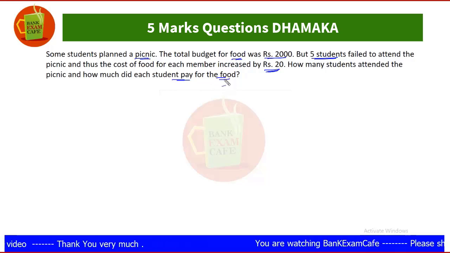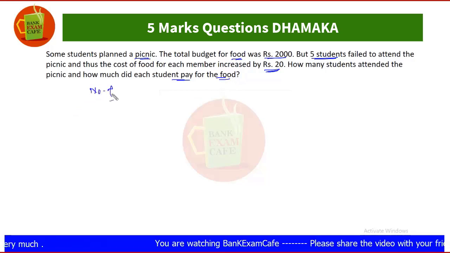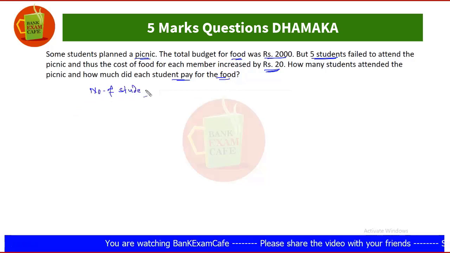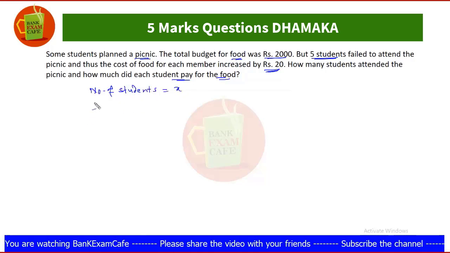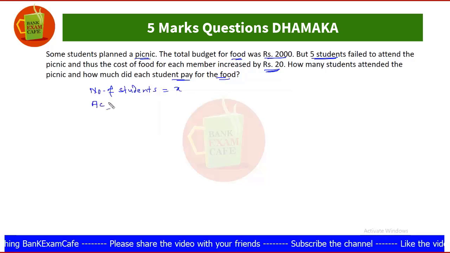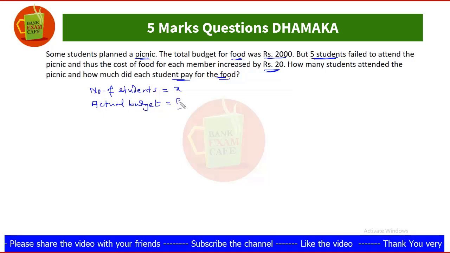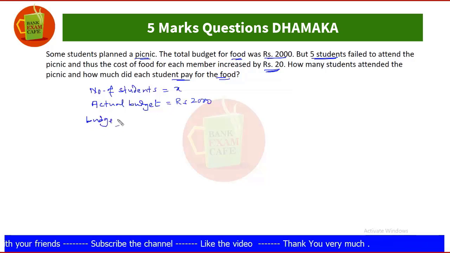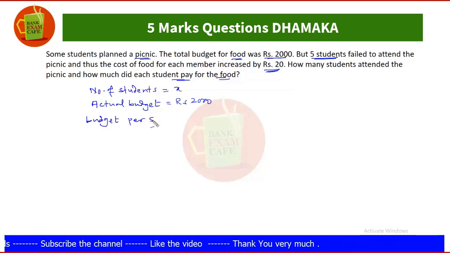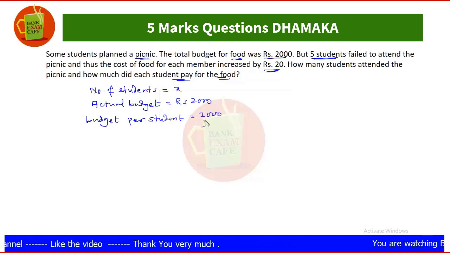So friends, here first we will assume that the number of students is x, and therefore the actual budget is rupees 2000, and the budget per student will be equal to 2000 divided by the number of students, that is 2000 by x.